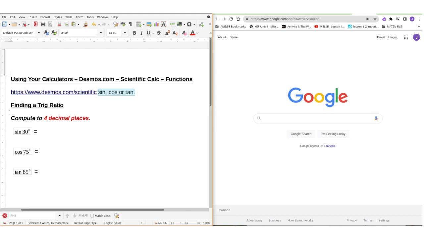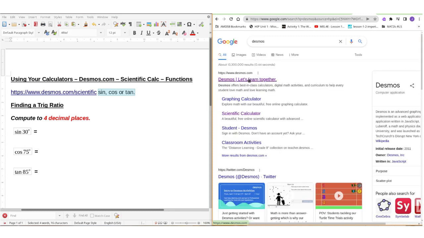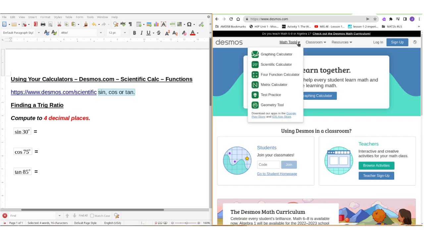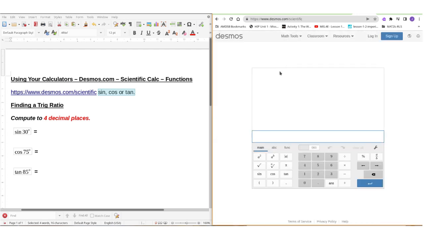Now, when you're finding a trig ratio, we're going to use these specific functions, sine, cos, or tan, on our calculator. Now, if you don't have a scientific calculator, I want you to go to Google and look for Desmos. Type it in, go to the first link called Desmos, and then go to Math Tools, and then Scientific Calculator.